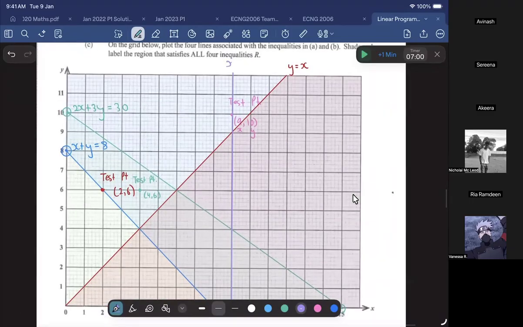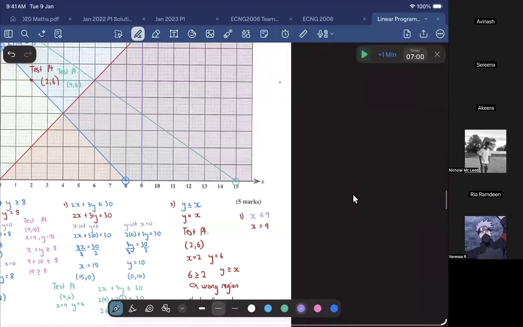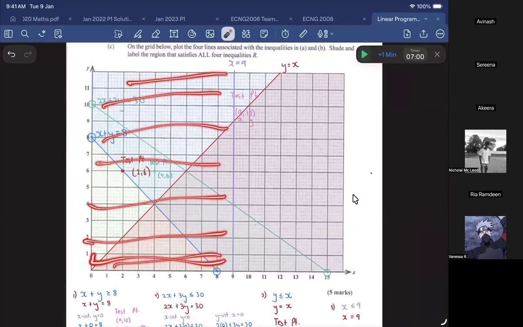That's it. And I want to figure out where x is less than or equal to 9. Right. So Akira, if I shade over here, would x be less than 9?